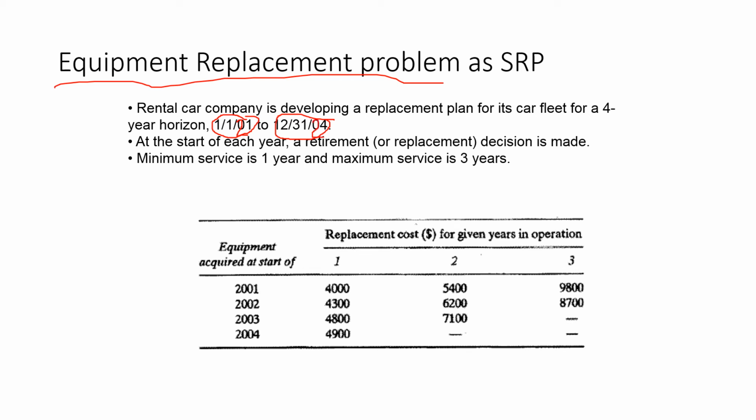So that'll be a 4-year plan: 21, 22, 23, end of 24. That's a 4-year planning horizon. So think of these 01 as 2021 and 04 as 2024. So this becomes 21, 22, 23, 24. This is what we're looking at.